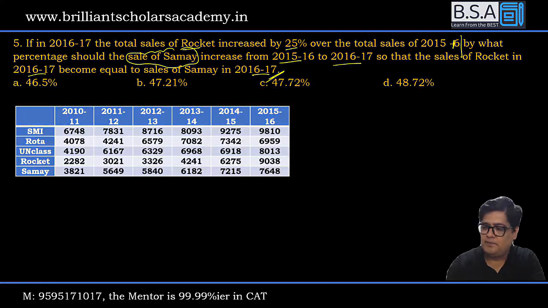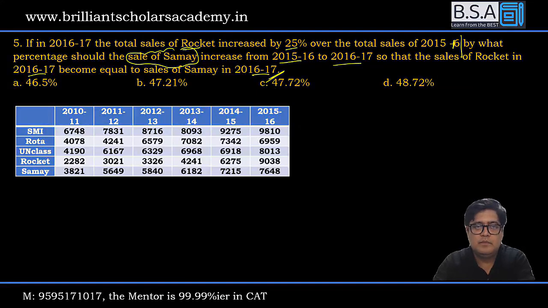Try it and see. Larger problems, 5 lines, 6 lines, are very common in CAT. In quant also. LRDI of course. You break it down to smaller parts. It will start to make more sense.